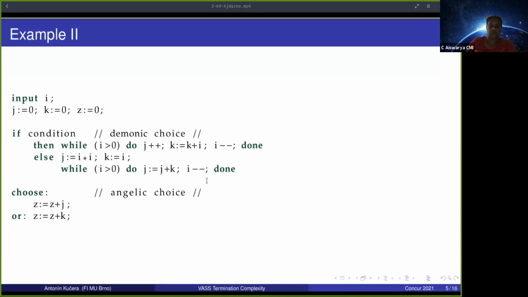Now the question is, what is the asymptotic value of z achievable by an optimal controller? I mean, what is the value of z as a function of the input size? And using the results of this paper, this question can be answered fully automatically. And it follows that the value of z stays linear in the size of the input value.